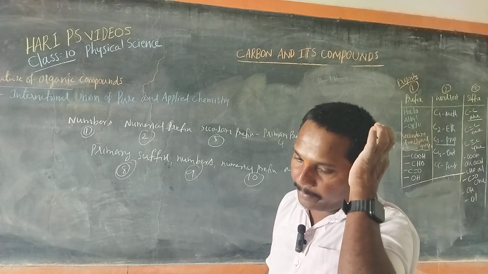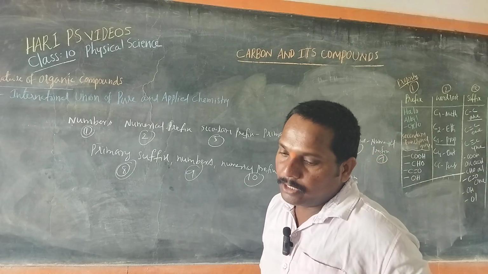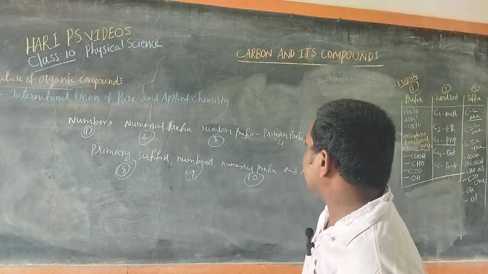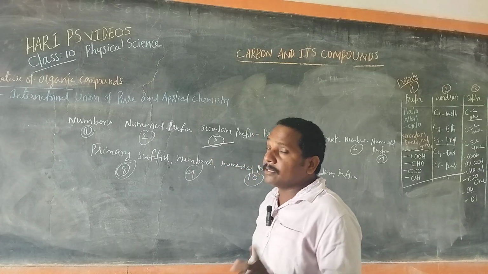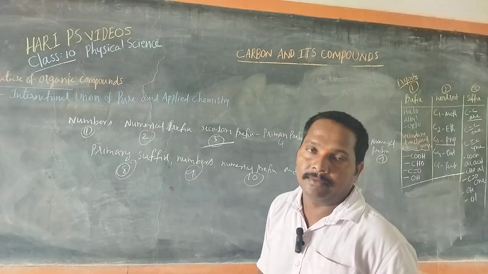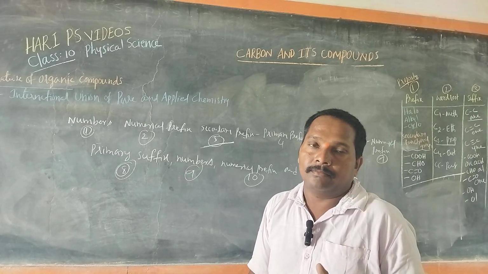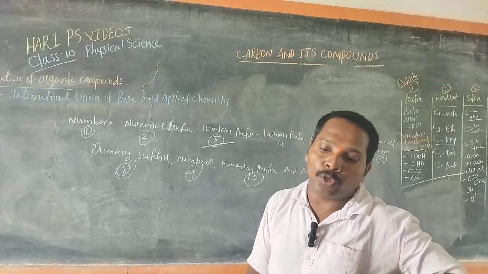1, 2 are numbers and numerical designations to be written for secondary prefixes. What are secondary prefixes? Substituents. Functional groups like halo groups.